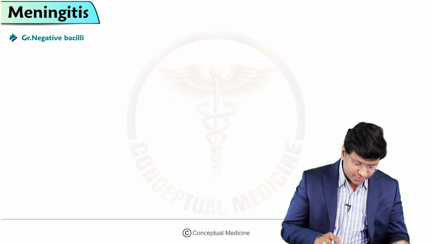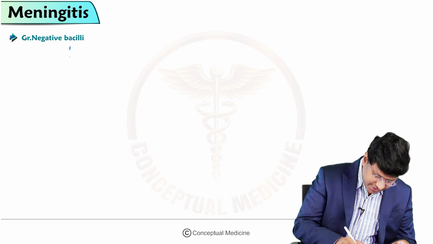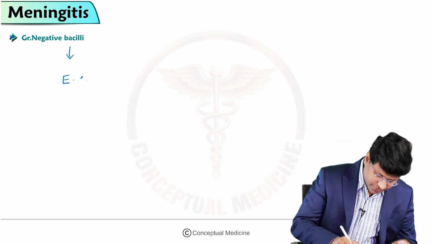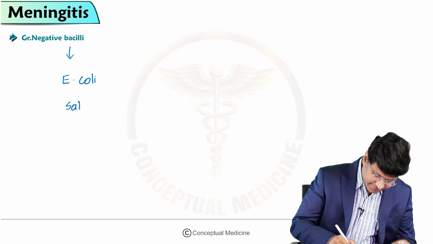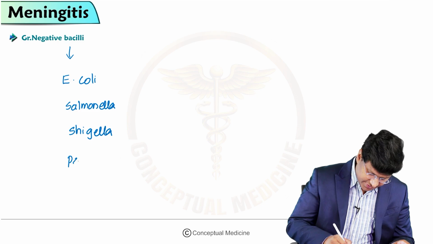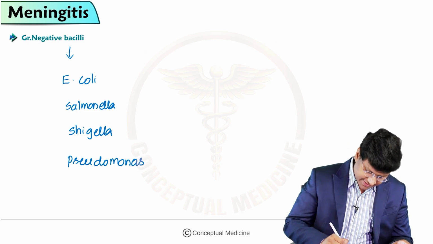Now, at the same time, you need to know what are those gram-negative bacilli. If you take the gram-negative bacilli, the organisms include Escherichia coli, followed by Salmonella, then Shigella, then other Enterobacteriaceae, next Pseudomonas, and lastly Moraxella.